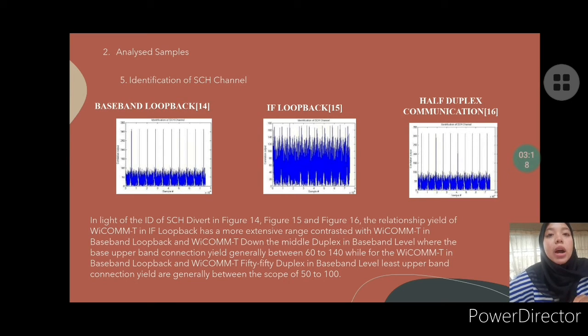Analysis sample for identification of the SCH channel.